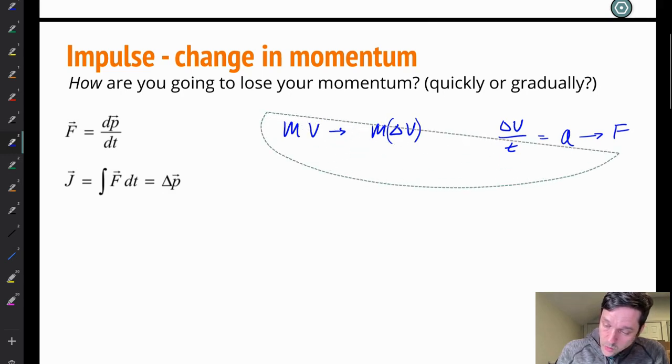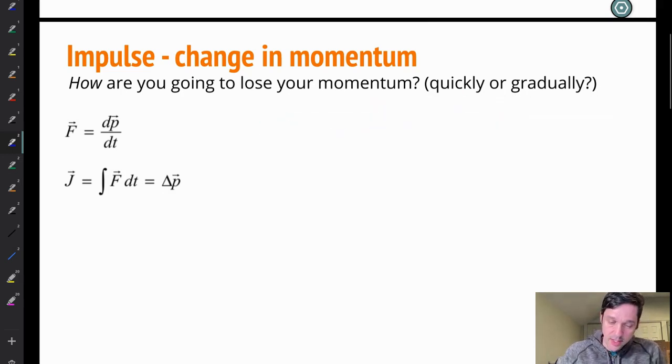And so the way it works out is that there is a quantity that is given the name of impulse, which is a capital letter J, and I really don't have an answer for why. But impulse is the change in momentum.